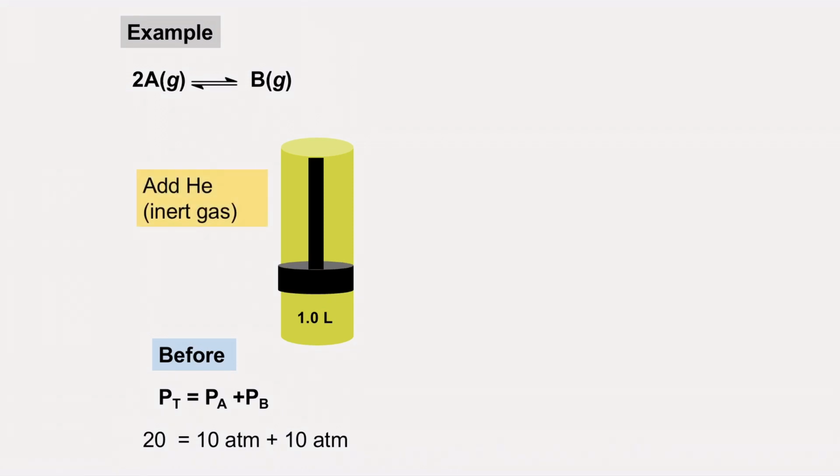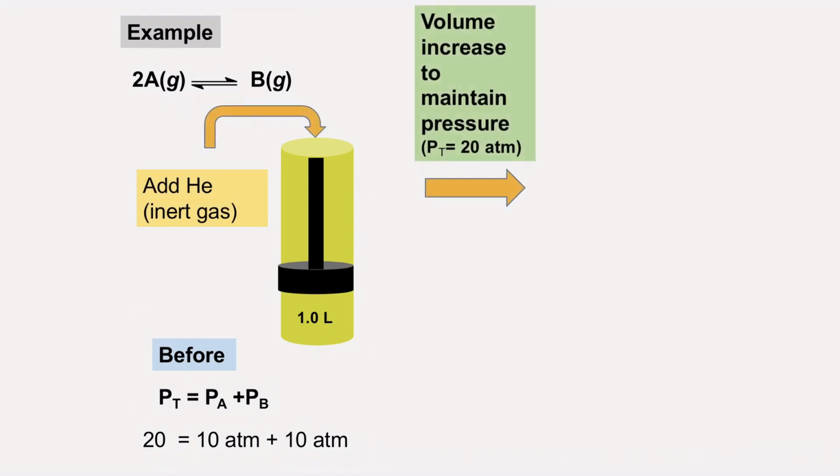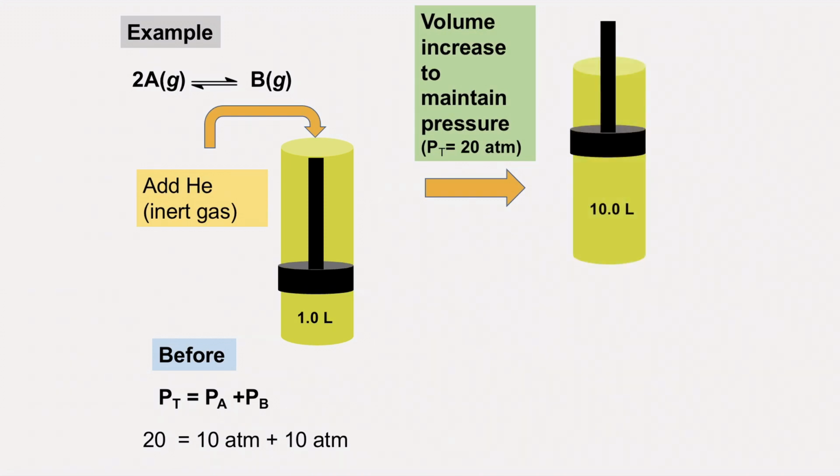So when you add helium gas and inert gas, what will happen to your volume of container? Your volume will increase to maintain the pressure. So total partial pressure is still the same, but your volume will increase. Okay? So volume dia dah jadi 10 liter, 10 liters or 10 dm cube.